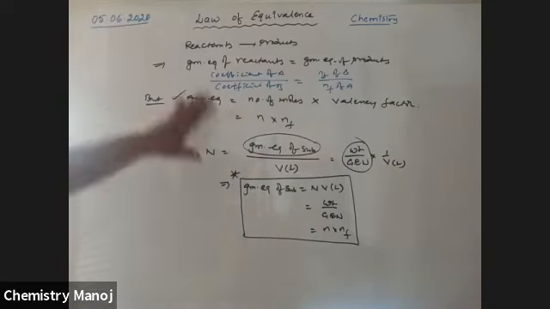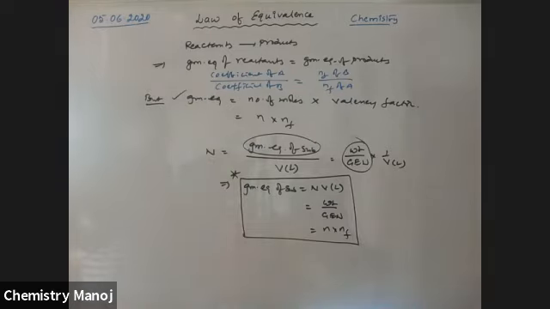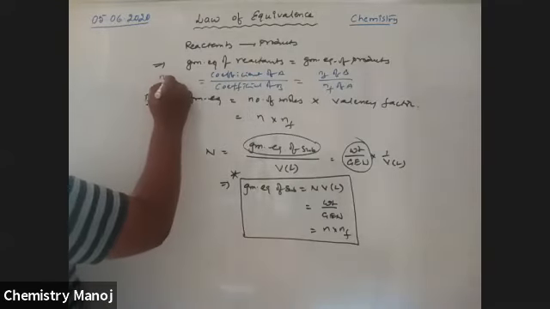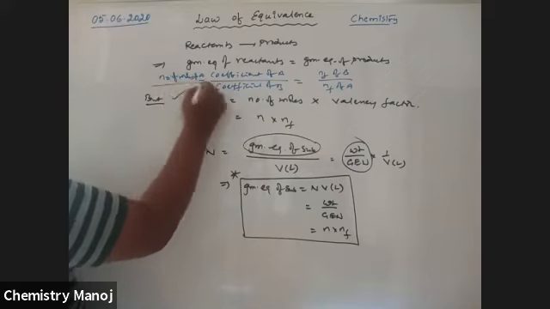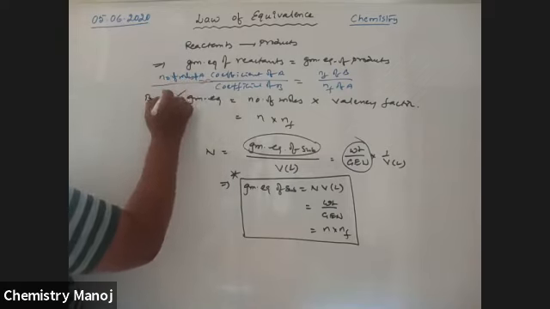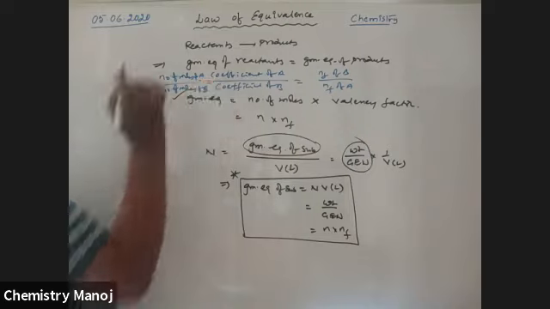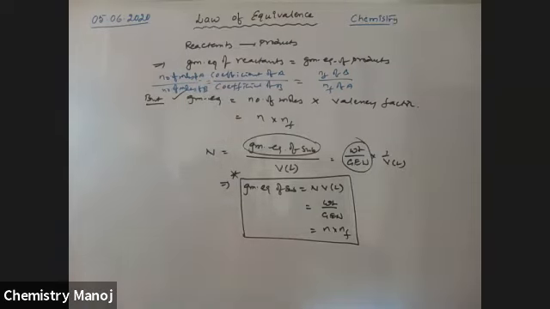So these are the important formulas. By using this, number of moles of A by number of moles of B is equal to coefficient of A by coefficient of B in the balanced reaction, which is equal to N factor of B by N factor of A.